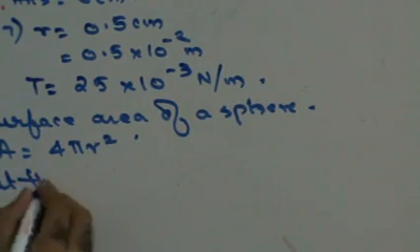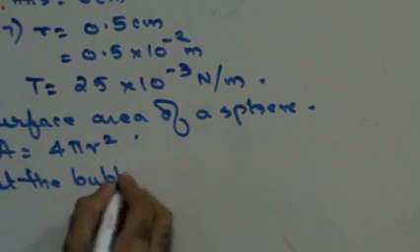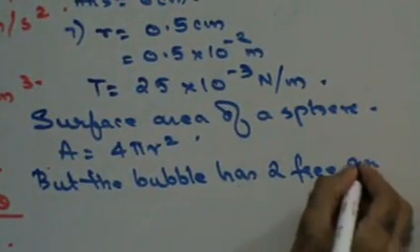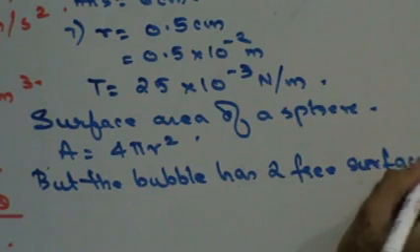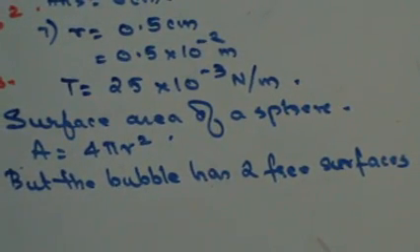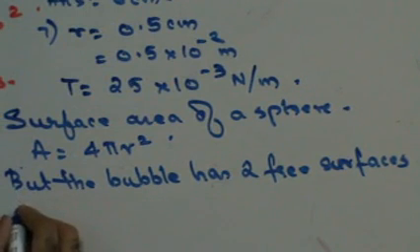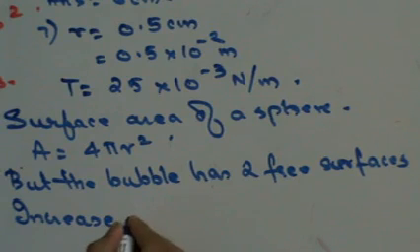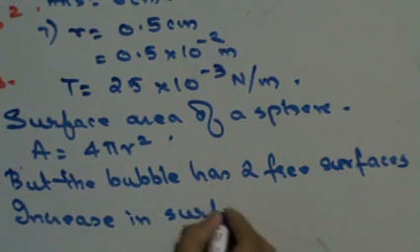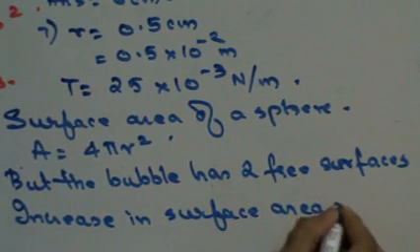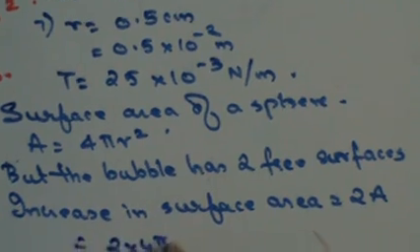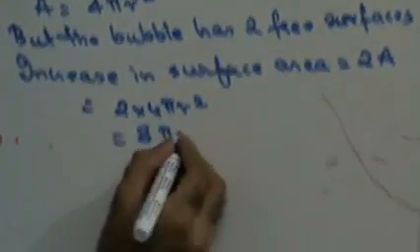Therefore, the increase in surface area as you blow the bubble is going to be 2A. That means this is going to be 2 into 4 pi r square, that is 8 pi r square.